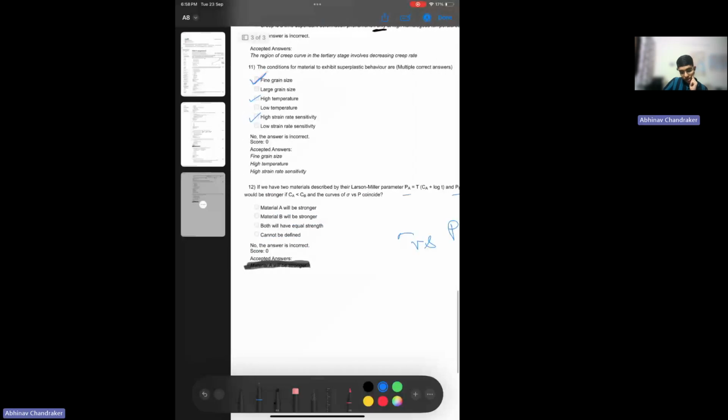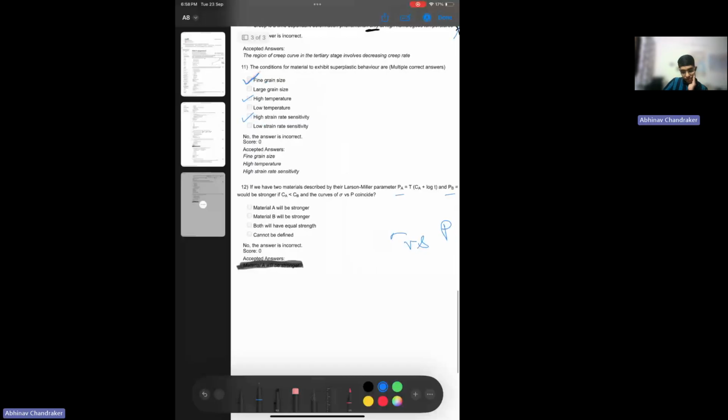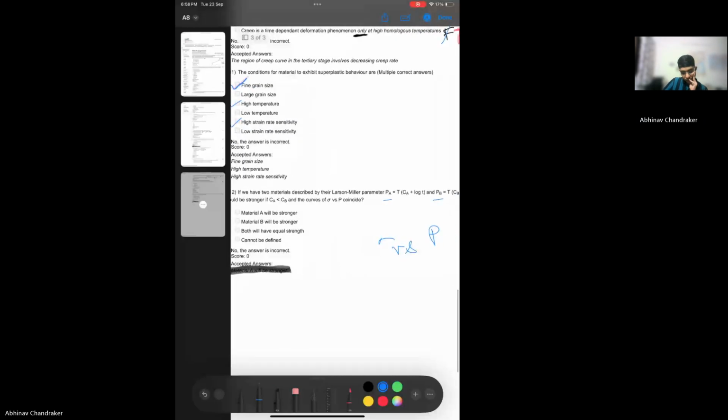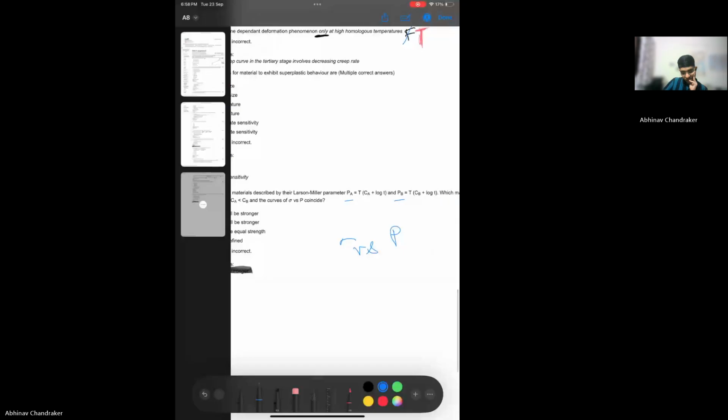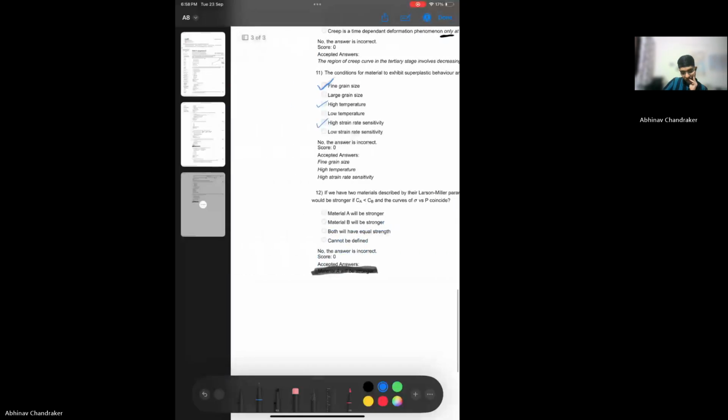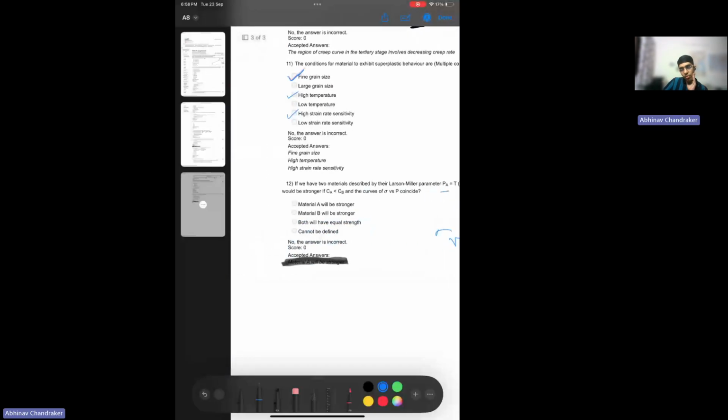Since time to rupture for A is higher, A will be more creep resistant, that we can say.